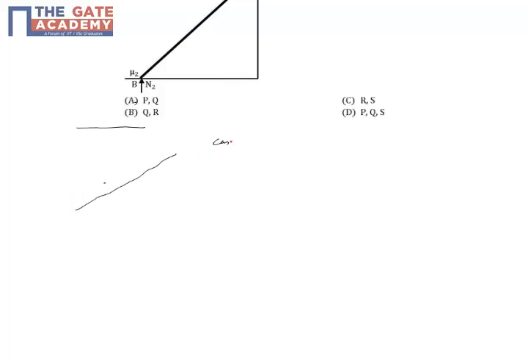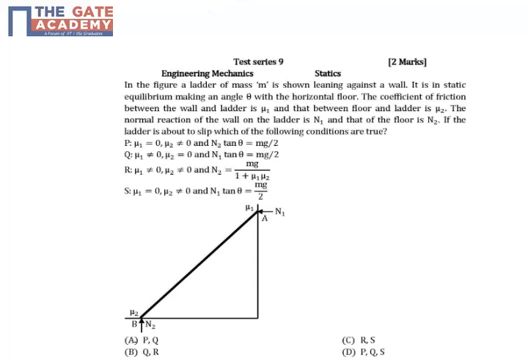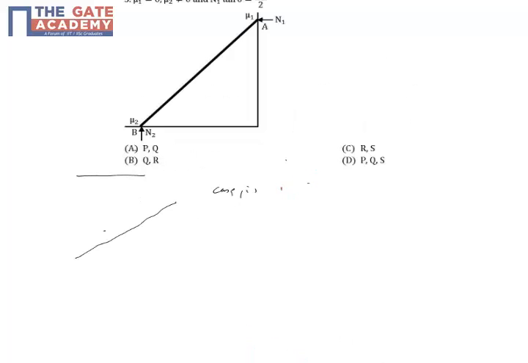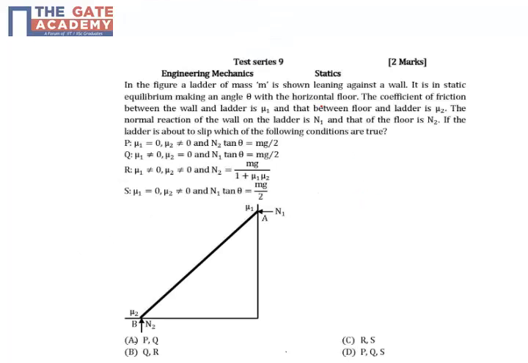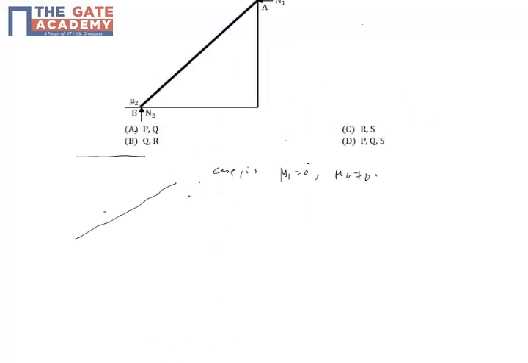So what we do is we do case by case. First we take mu1 equal to 0 and mu2 not equal to 0. So mu1 is this part, it is 0, so you don't have any friction here.